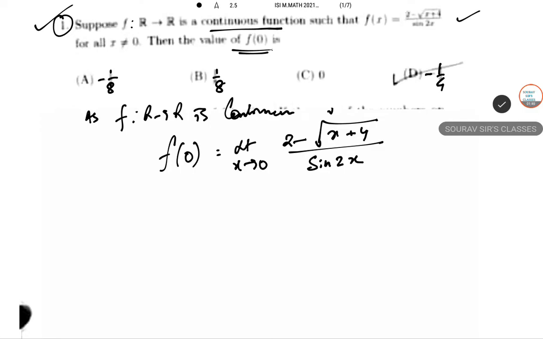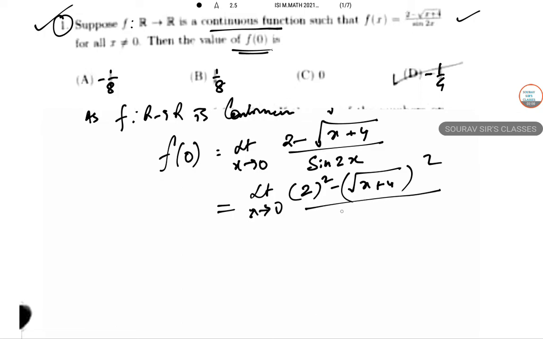Now in the very next line we can rationalize this: 2² - (√(x+4))² divided by sin 2x times (2 + √(x+4)).